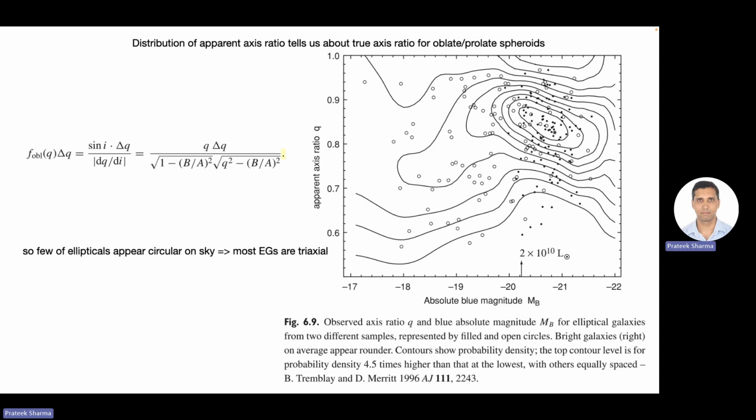It should become flat as you go from true b by a to larger values of q, but here the number of circles is smaller than what you expect. So this model of oblate spheroids is not quite correct. The true distributions are not these spherically symmetric prolate or oblate systems, but in general triaxial. The three axis ratios are different. So by looking at these kinds of things, you can get some sense of their true axis ratios.